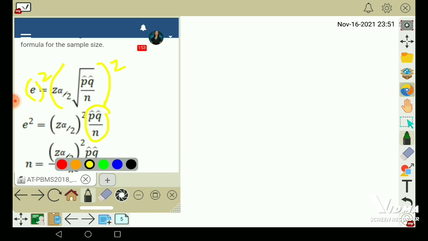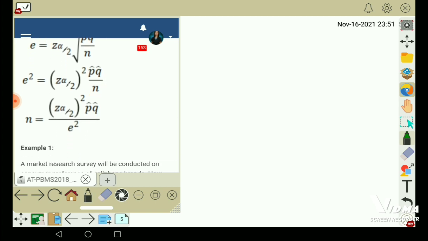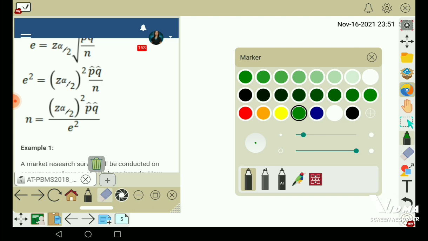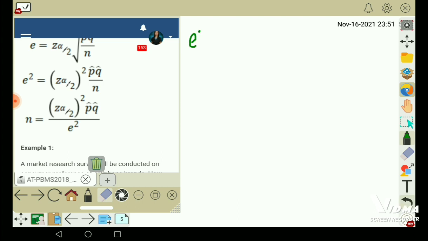Okay, so the next step with that is transposition. So we are going to move this one to this part. Let me show you that one on the second stage. So we have e squared is equal to z sub alpha over 2 squared, and then p hat q hat over n.